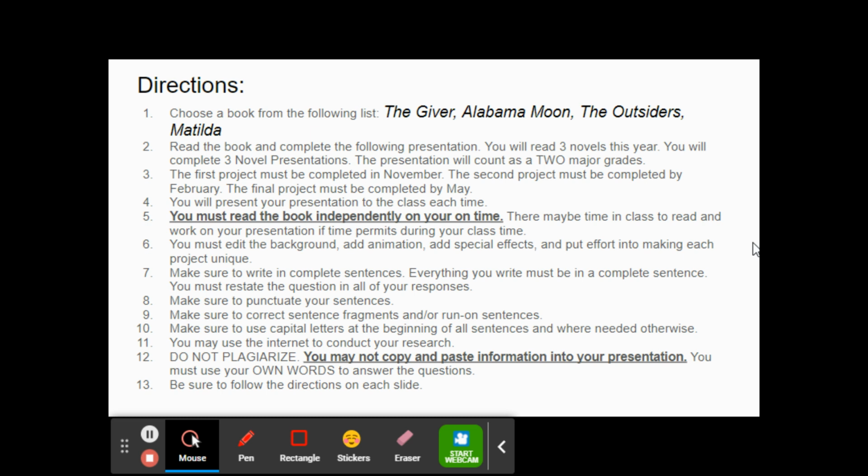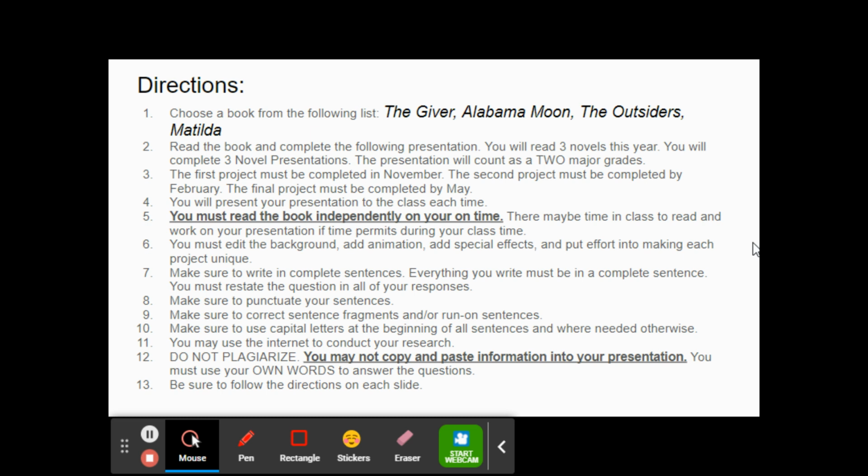The presentation will count as 2 major grades. The first project must be completed by November. The second project must be completed by February. The final project must be completed by May. You will present your presentation to the class each time. You must read the book independently on your own time.